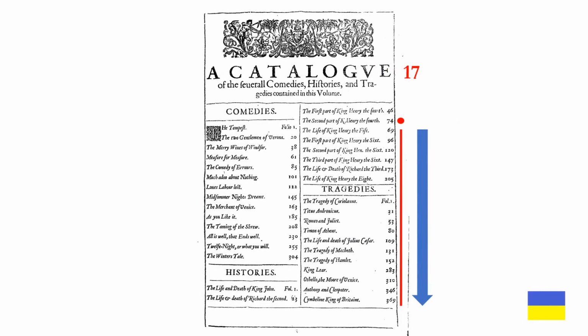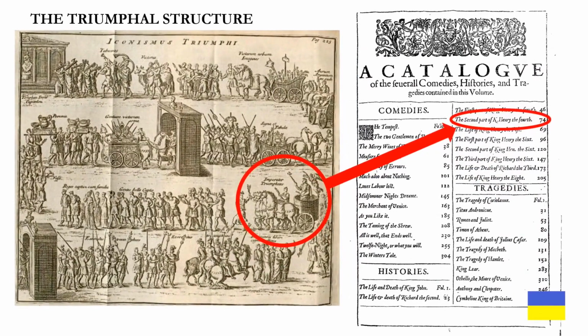This might not be significant to most people, but during the Renaissance, it was a profound place, because to readers and students of classical literature and history, it mimics the position of the triumphant emperor in a triumphant procession. This is what I call the triumphal structure.